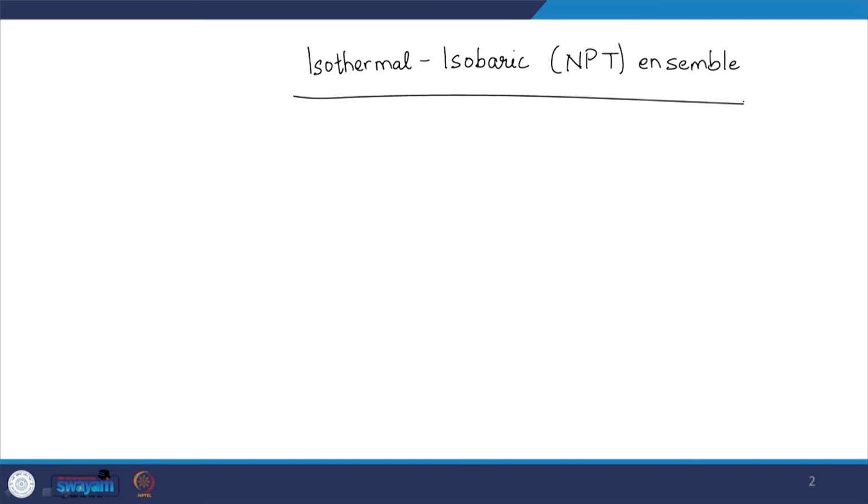So, the basic idea for the isothermal isobaric or the NPT ensemble is the following. So, pressure is a control variable.